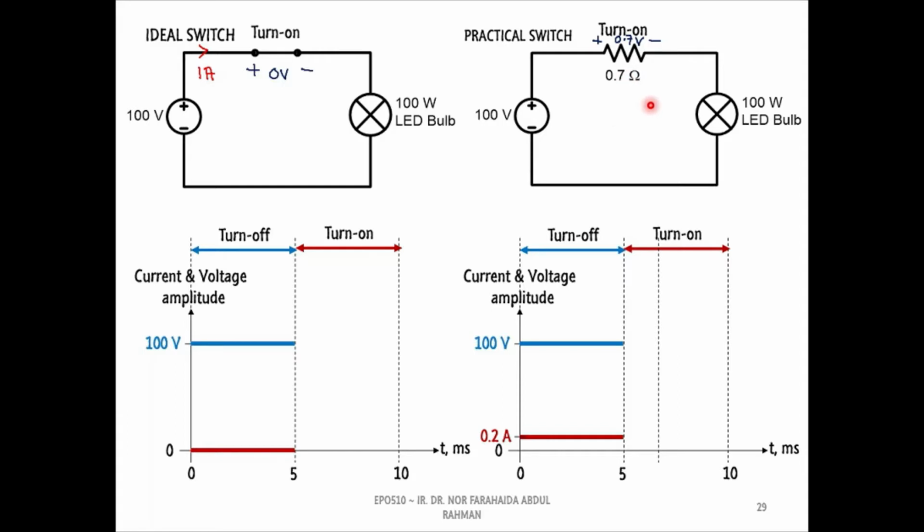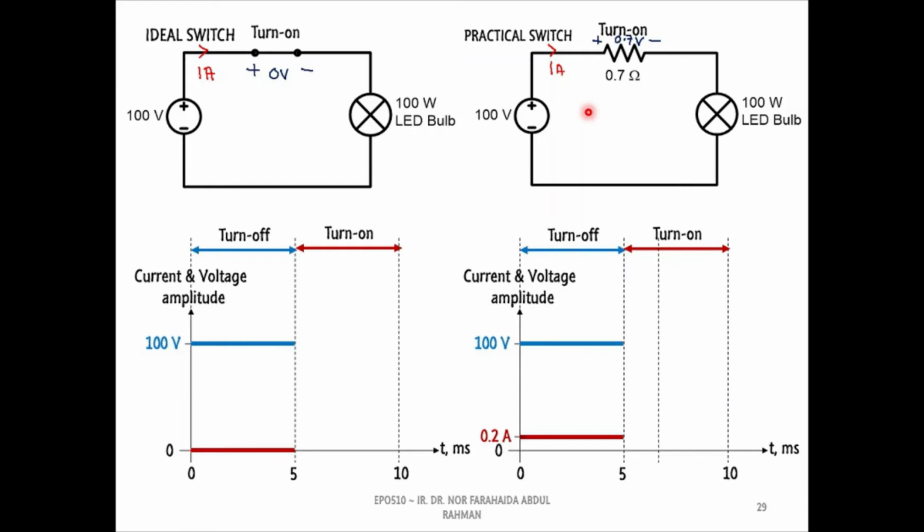Therefore, the voltage drop is also small and it does not affect the operation of the power switch. Hence, the power switch still can conduct high current through it. According to the circuit analysis, we can say that the main function of the power switch during the on state is to conduct high current in electric circuits.